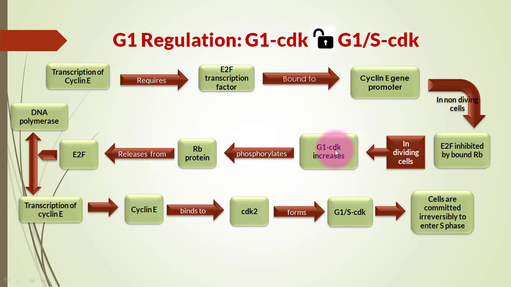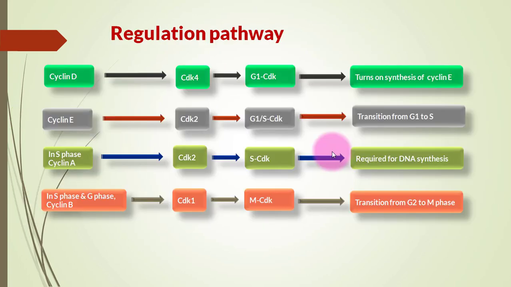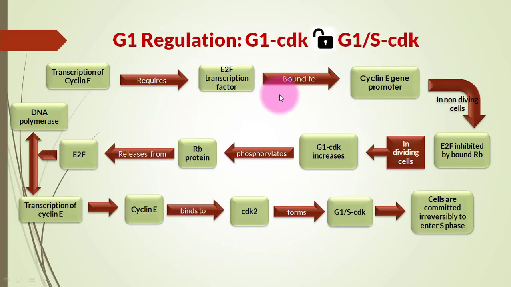G1 CDK is a kinase, a complex made up of cyclin D and CDK4. Cyclin D and CDK4 will form a G1 CDK, and now it is an active complex. This active complex will phosphorylate the RB protein.